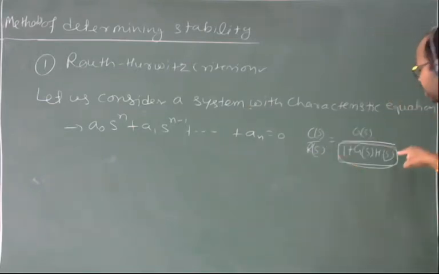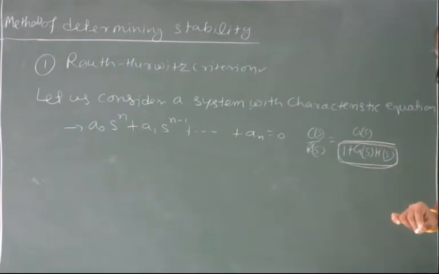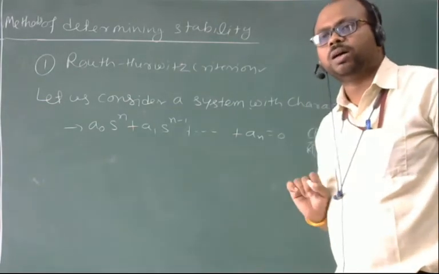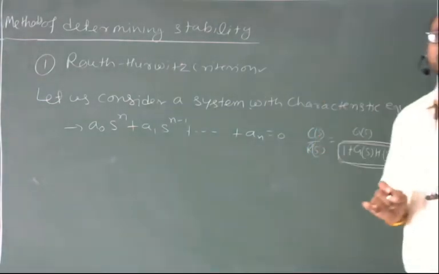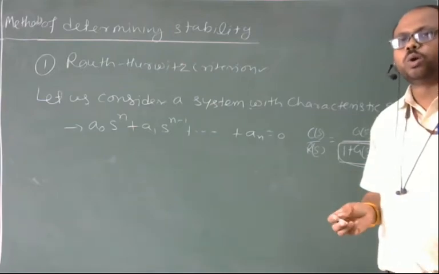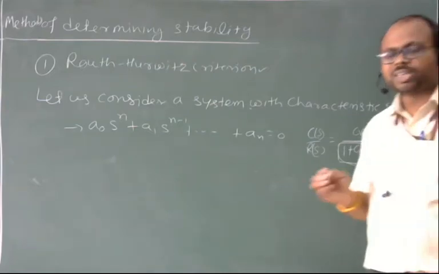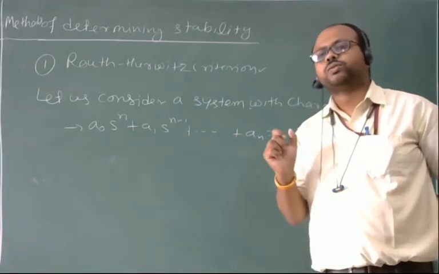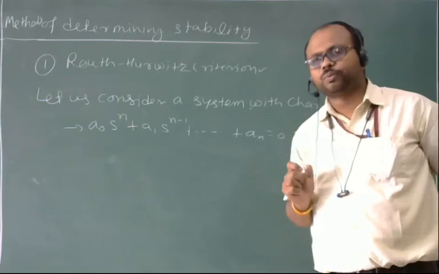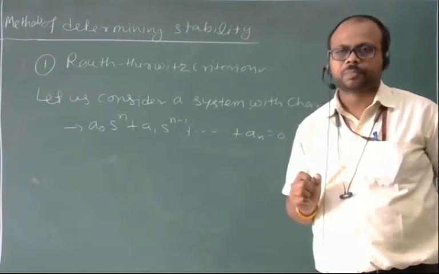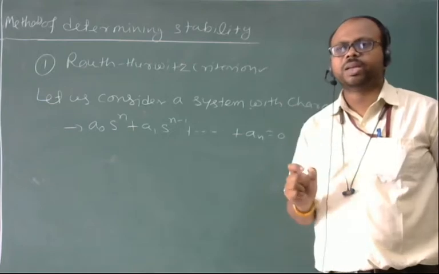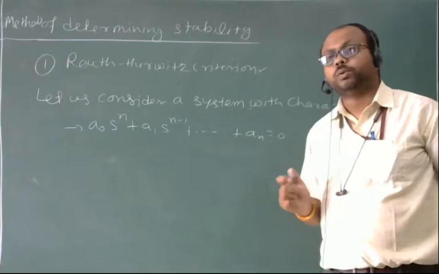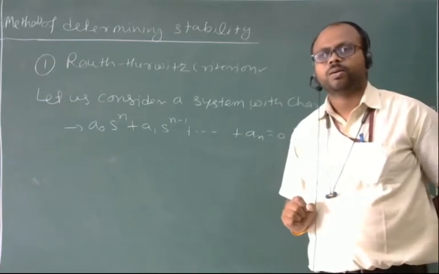And this denominator gives us poles of the system. And stability criteria majorly depends on the poles of the system. It doesn't mean that there is no role of zeros on the stability. Obviously, there is a role of zeros, but majorly poles are most significant for the stability. Right? Stability is mostly dependent on the poles.